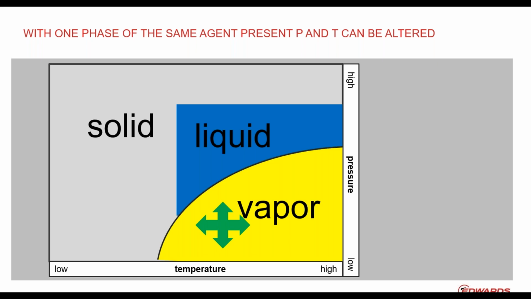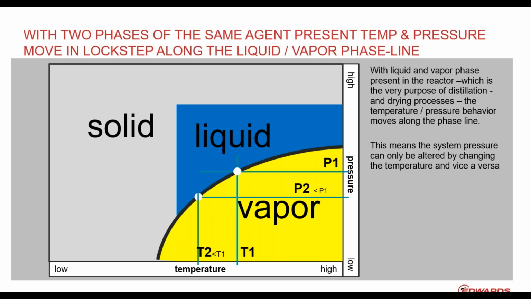The whole game changes if you have a liquid present, which is the very definition of a drying or a distillation process. So what happens if you have the same agent present in a liquid state and in a vapor state is that pressure and temperature are now moving in lockstep.